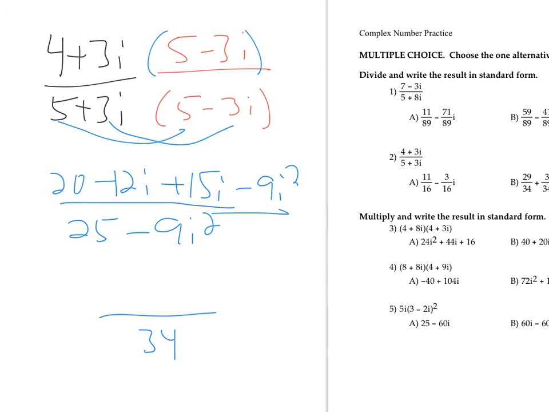Let's see, i squared is -1 times negative 9 is plus 9, so that becomes 29. And then I got to subtract those, so I get plus 3i. Why did I say 34? 29, sorry about that. So 29 plus 3i.